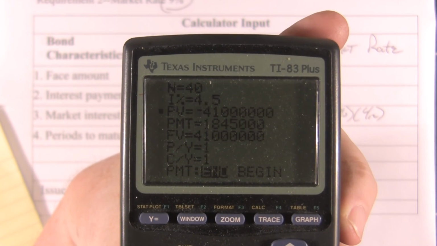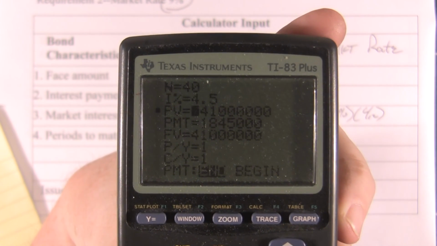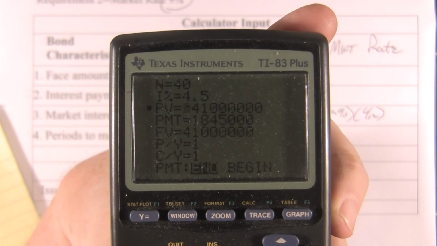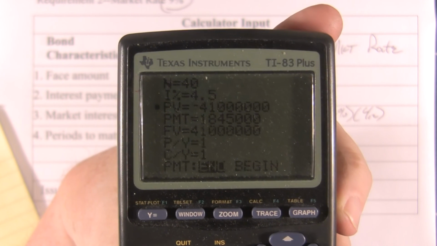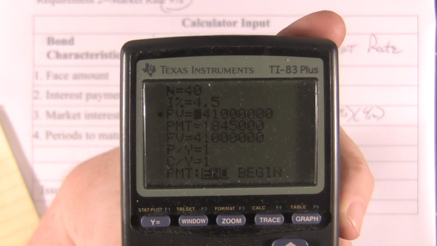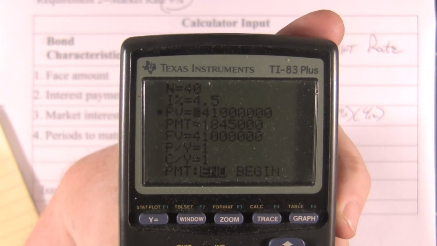The effective interest rate, the market interest rate, and the bond rate are 4.5%. The present value is face value. Okay, so that's your new favorite kind of bond problem, because if market rate and face rate are the same, the bond will sell for face value.